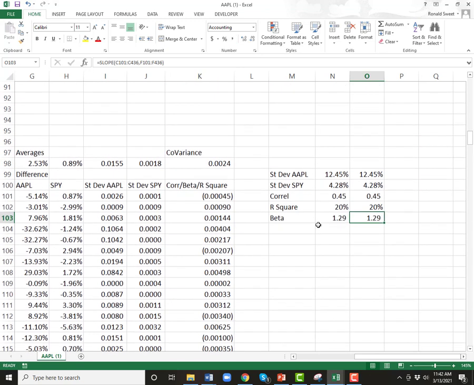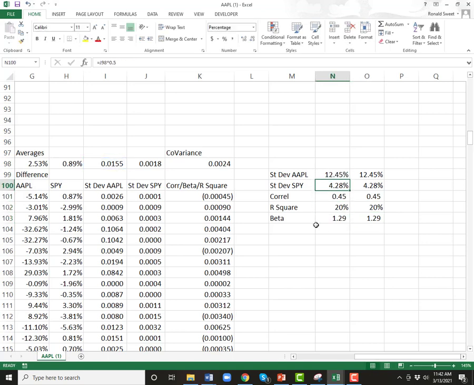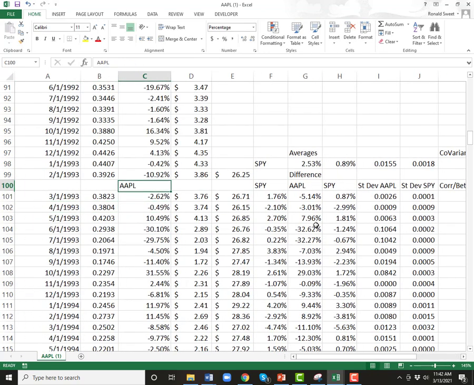I strongly recommend your brain will catch on to these if you manually do these formulas. So I strongly recommend you do the formula yourself. You saw the steps. You can pause this video. So we have to have Apple's returns. We have to have the S&P returns. We have to have the differences for Apple and SPY versus the mean.